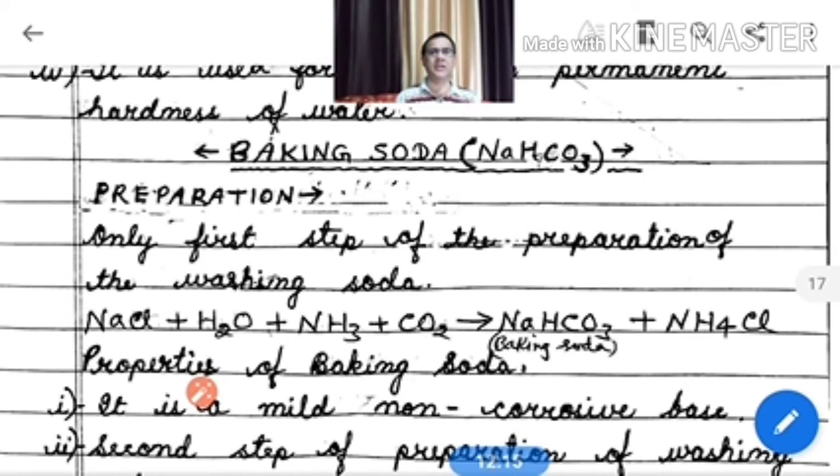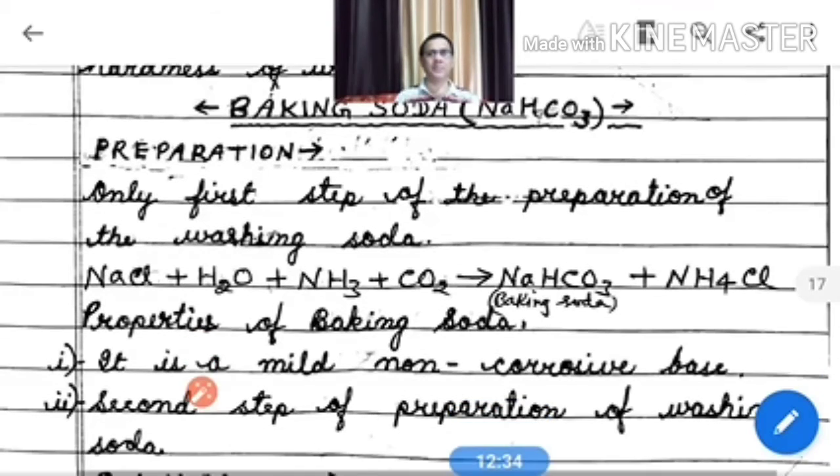So when we study washing soda, the first step of its preparation is the preparation of baking soda. So I hope it is clear to you. NaCl plus H2O plus NH3 plus CO2 gives NaHCO3 plus NH4Cl, and this is baking soda.